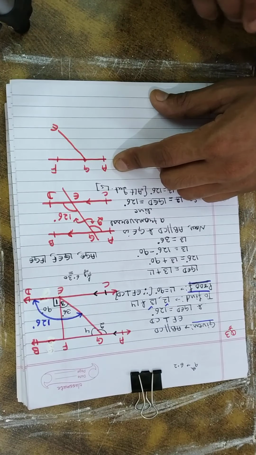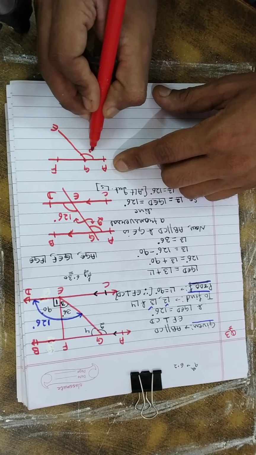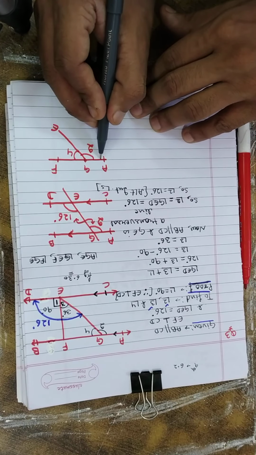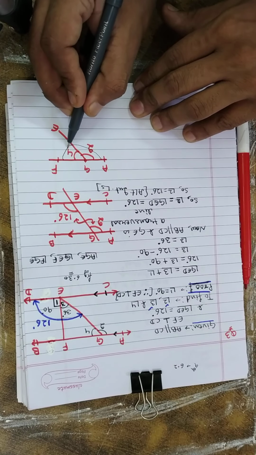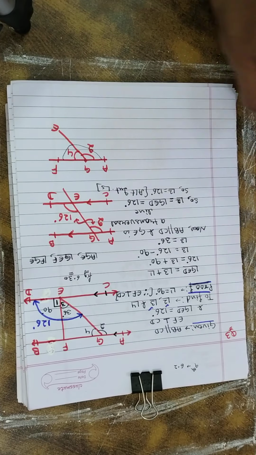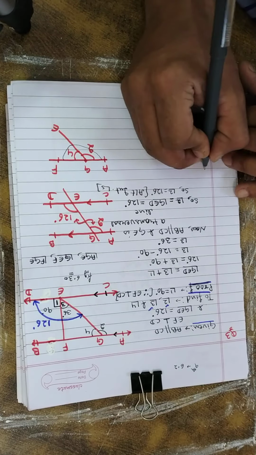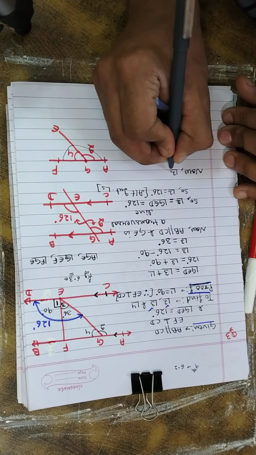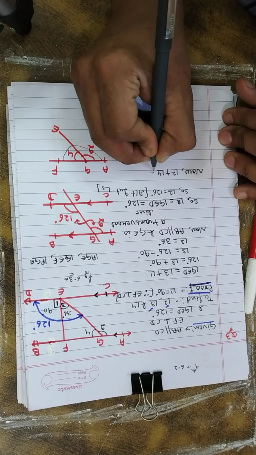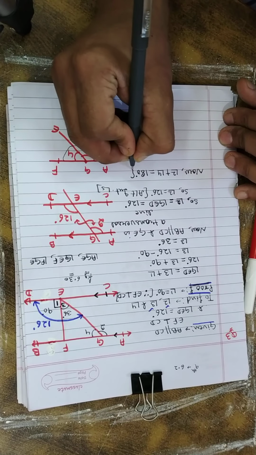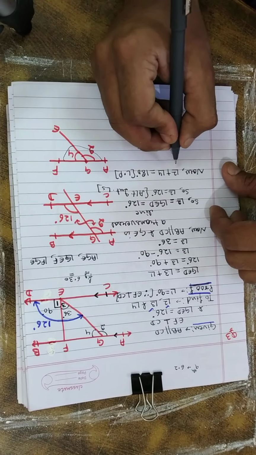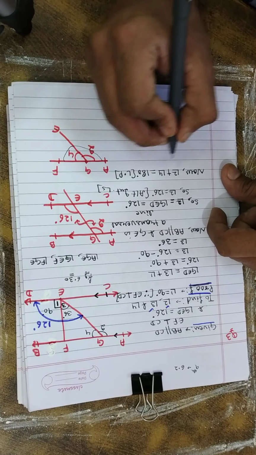Now this angle is 2 and this angle is 4, and angles on a straight line make 180 degrees, a linear pair. So angle 2 plus angle 4 equals 180 degrees. Reason: linear pair, because AGF is a straight line.